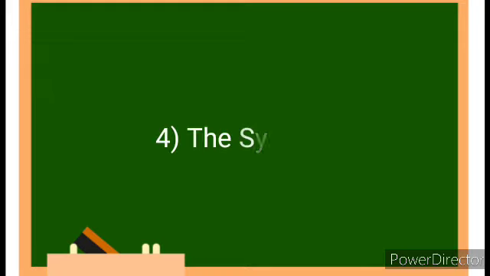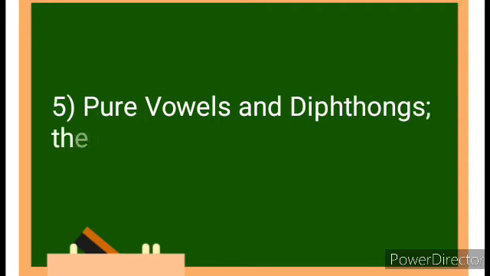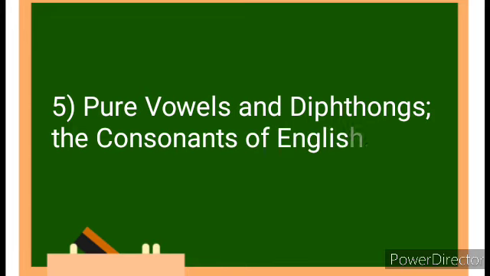In the fourth chapter, we will understand what it means by a syllable, whereas in the fifth chapter, we will study in detail what are the pure vowels, diphthongs and consonants.